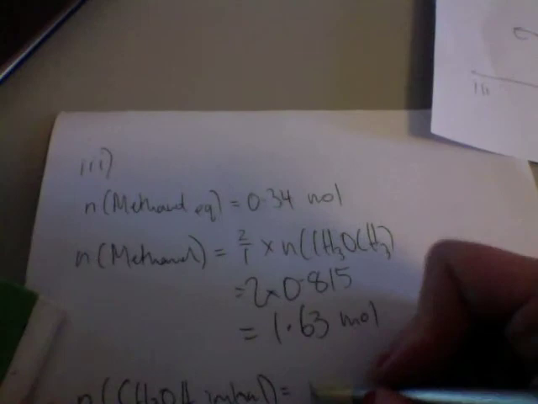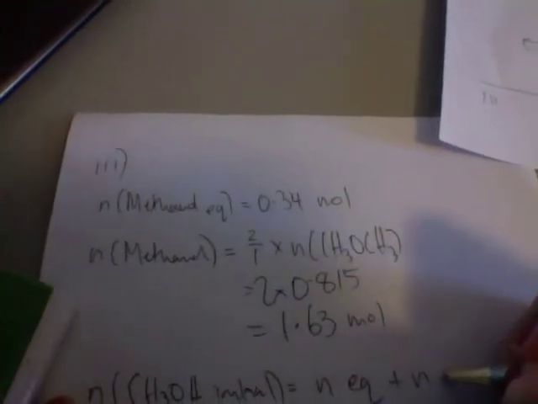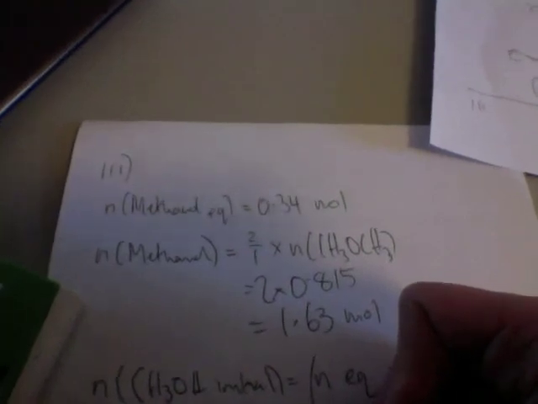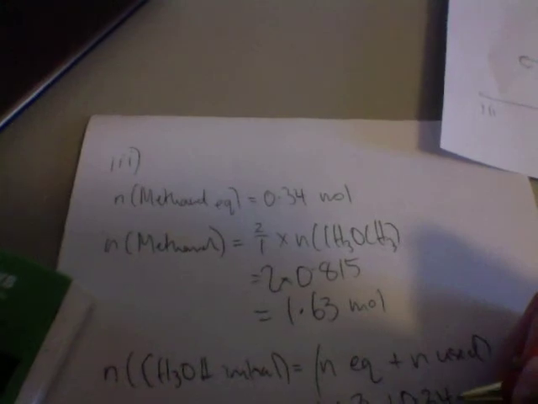Now the mole of CH3OH initial equals the mole used plus the mole at equilibrium. It's like back to the one we did before. 1.63 plus 0.34 equals, to 3 significant figures, 1.97.